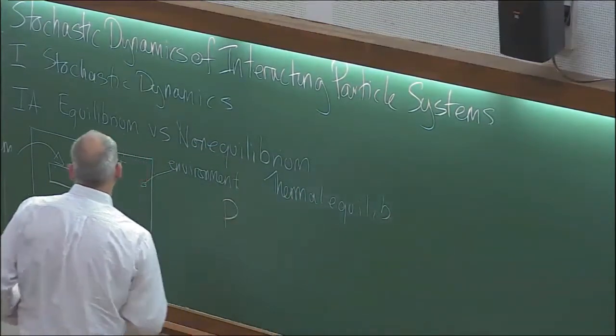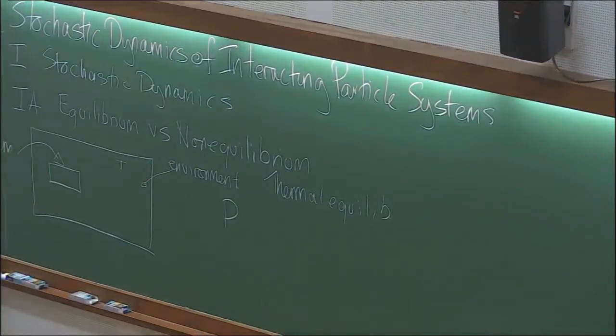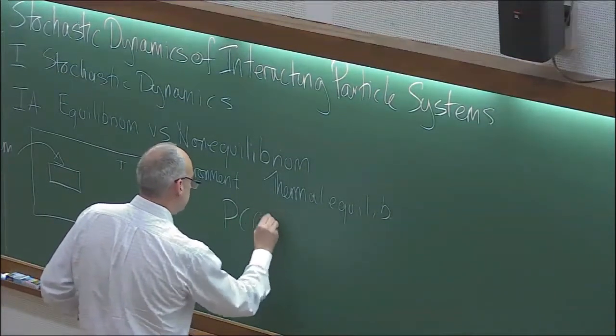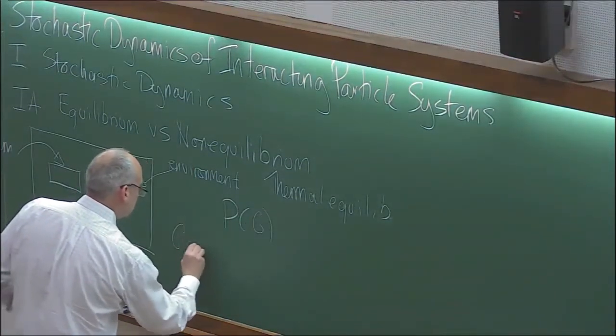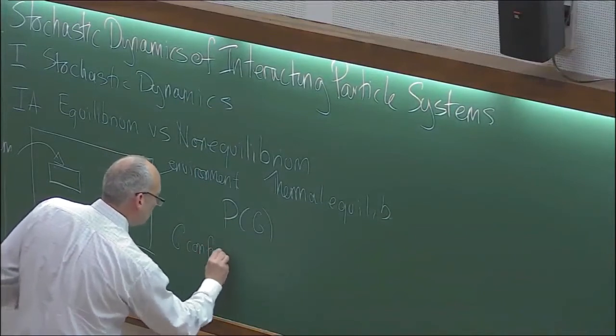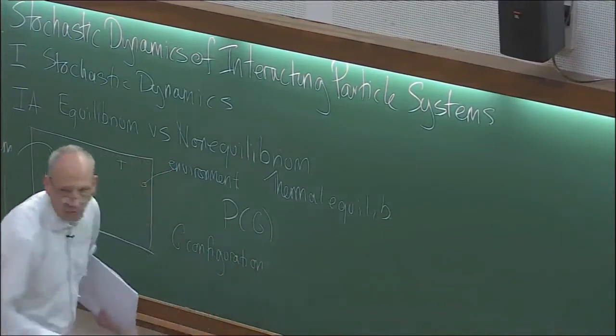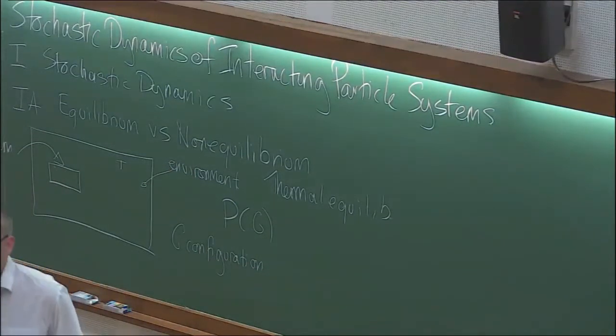We said that the probability of some configuration C of the system, here I use C to indicate a configuration, or at undergraduate level you sometimes refer to it as a microstate, the detailed description of the system.